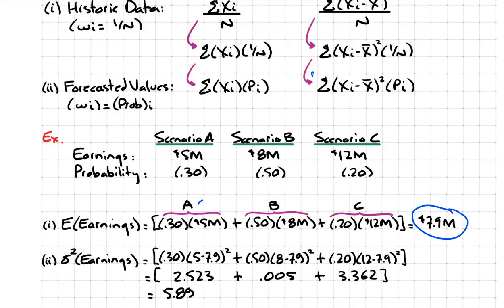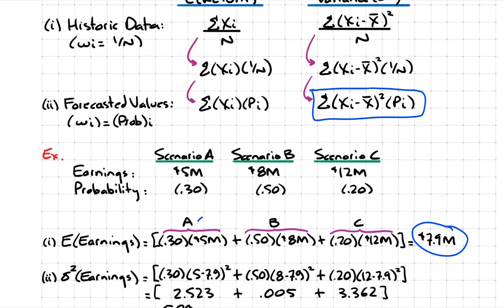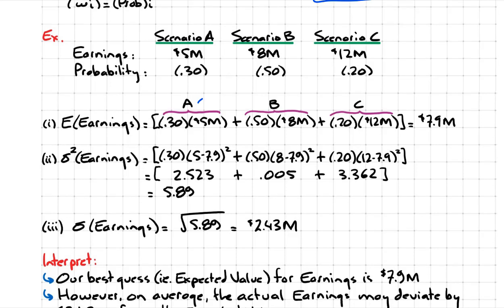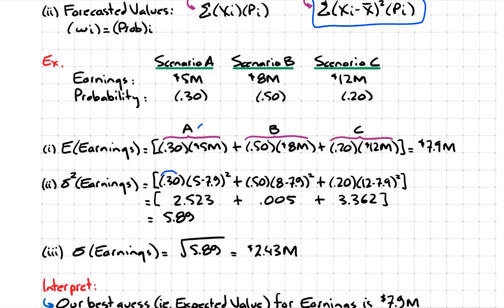It's right there. I showed you the ground up approach in calculating variance using forecasted values. So we just got to apply that. So here's the probability of event A. So again, see how it's lining up. So this is still event A. And this is how dispersed event A is relative to the mean, but remember to square.